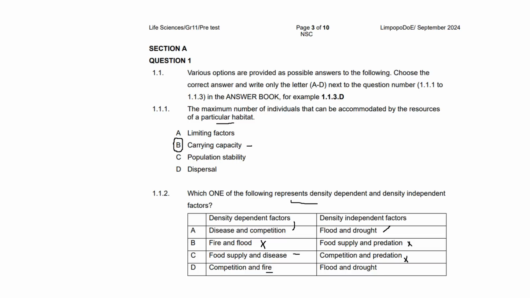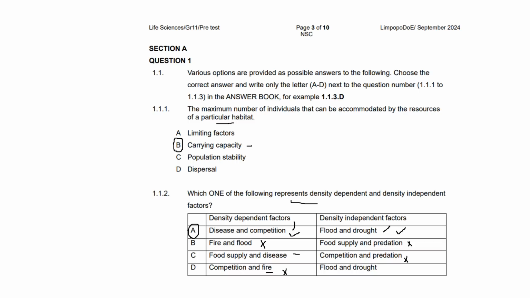Fire is independent, so it can't be under dependent. So the only one that is correct for everything is option A, which is correct for both dependent and independent factors. So our answer will be A.